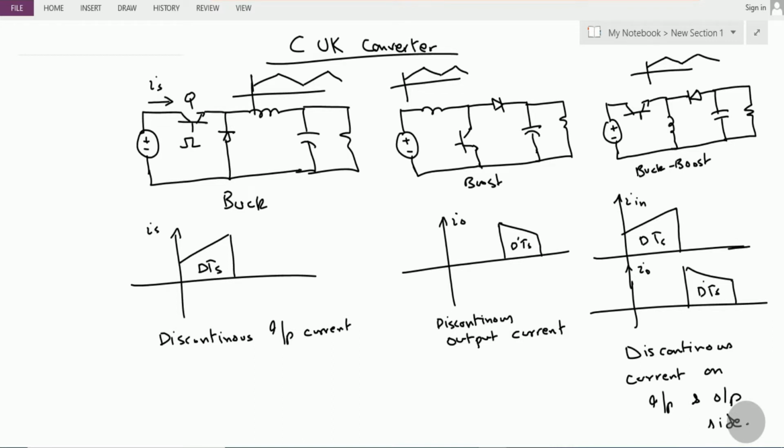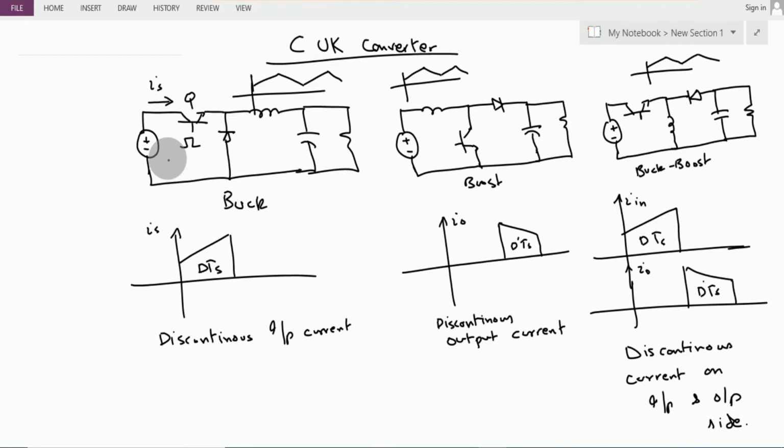So this discontinuity in the input or output currents creates problems known as EMI problems. You should notice that EMI problems are generated if we have an abrupt variation in energy flow. So you can see here that we have this input current which is discontinuous, and therefore this abrupt variation in the input current causes severe EMI problems in a buck converter.